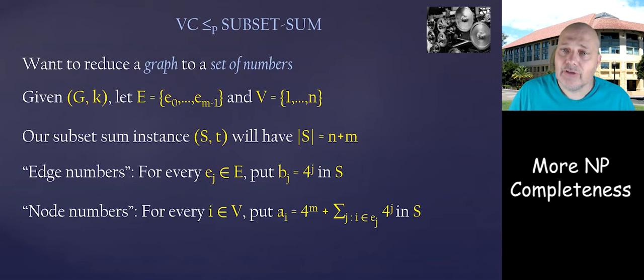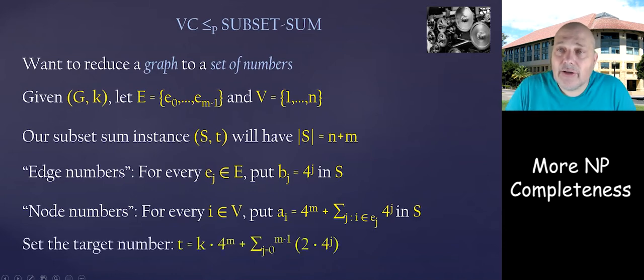So we're going over all e_j's that this vertex touches of 4 to the j. So 4 to the m plus the sum of 4 to the j for every edge that you touch.